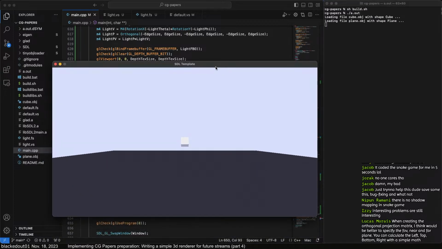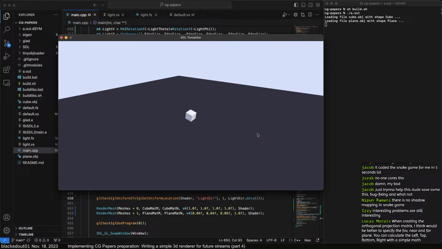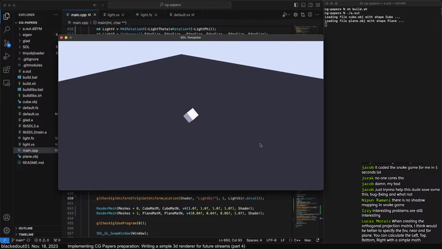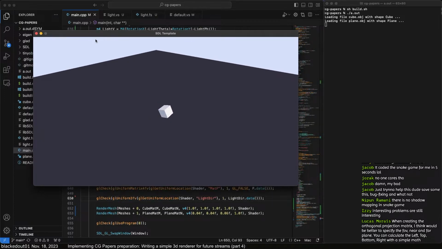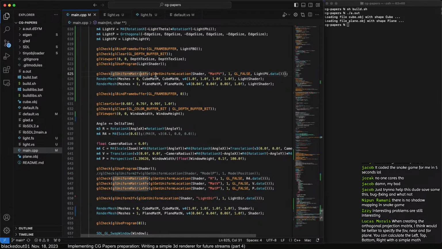Okay. So, of course, like I said, we still don't see anything because we now have the depth texture, but we don't do anything with it. So maybe we'll just try to actually use the texture.